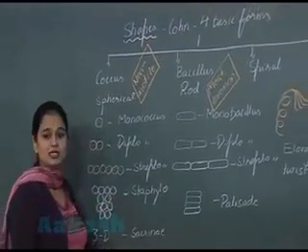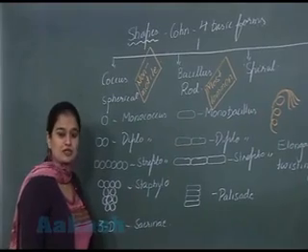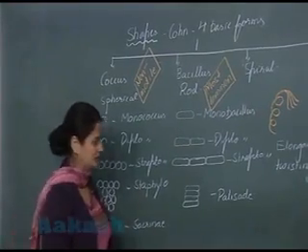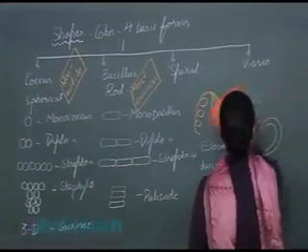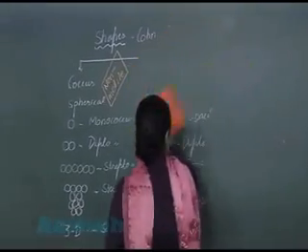Now, after looking into the shapes of the bacteria, we will study the cell structure of the bacteria in detail. So now I will be dealing with the cell structure.